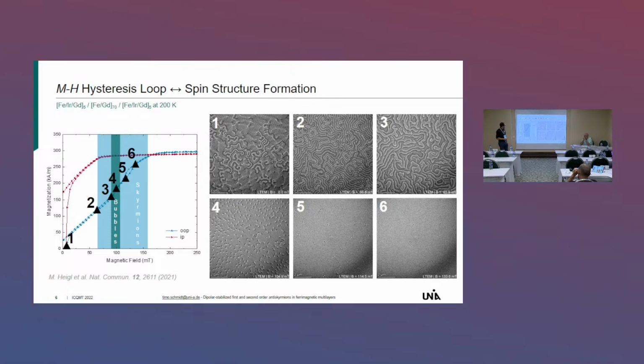Our Skyrmions have a wider range and are quite stable, and our anti-Skyrmions go until there, a little more stable than our bubbles, but not nearly as stable as the Skyrmions. And this trend also continues, so our anti-Skyrmions of second order are less stable than our anti-Skyrmions of first order.